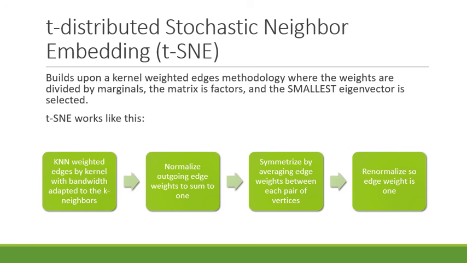The point is how you weight the edges matters when doing neighbor graph methods, and to do it well you need a lot of complicated math and operations, and that is why you end up with gibberish like what you see on this slide. I hope this was at least a little bit enlightening for you.